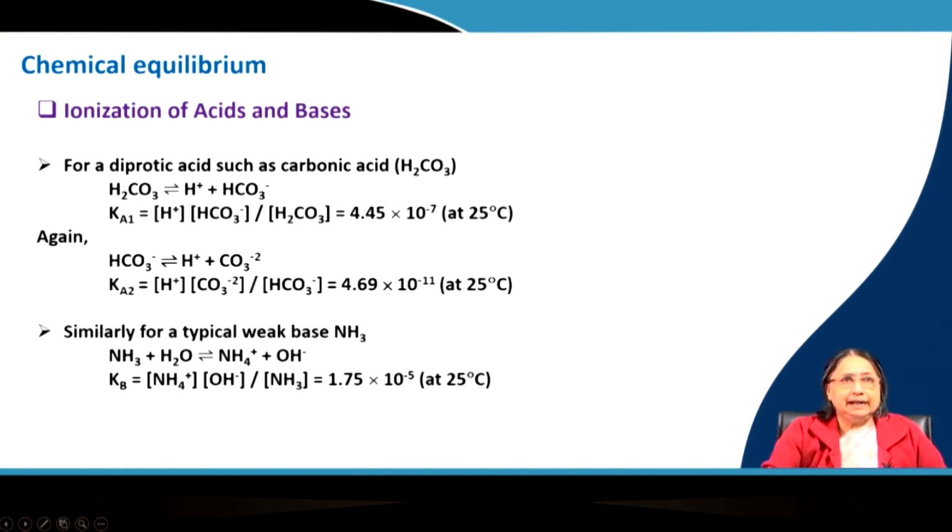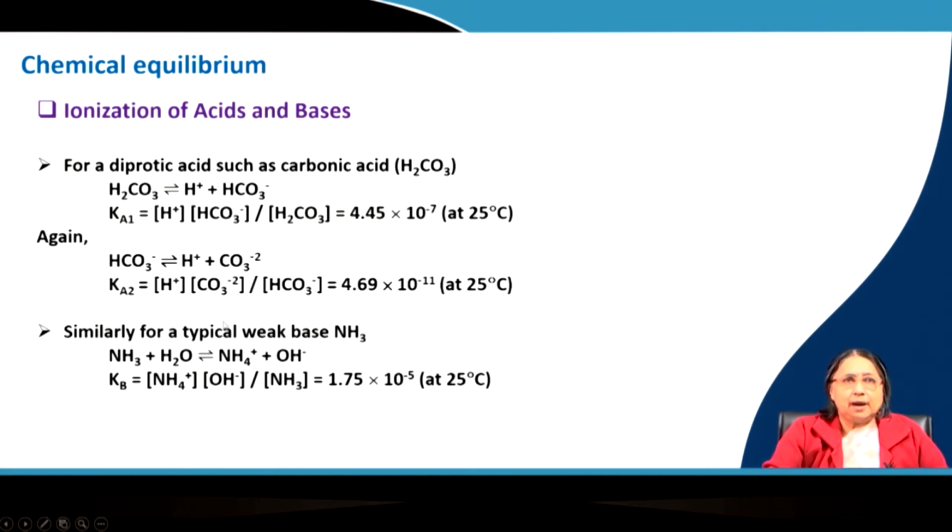Now, when the second deprotonation occurs from the bicarbonate ion, the bicarbonate ion will give H plus ion plus carbonate ion, and Ka2 can be written by this expression, and the value of Ka2 is 4.69 into 10 to the minus 11. It is very low, and when we determine the pKa, it is seen that it is in the alkaline range.